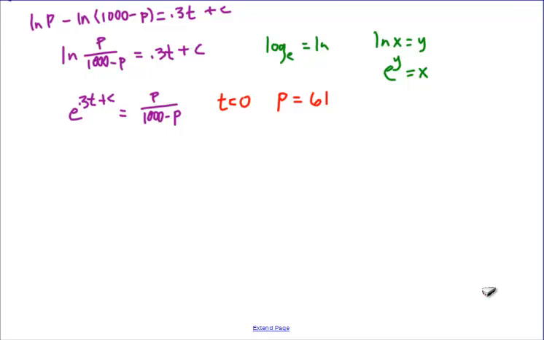Okay, now in order to match up with our population model, I need my e to the power of 0.3t plus c to be negative. So it matches my rule that we established on the previous page. To do that, I'm just going to look at the reciprocals of both sides. And when I look at the reciprocals of both sides, I get e to the negative 0.3t plus c is equal to 1000 minus p over p.